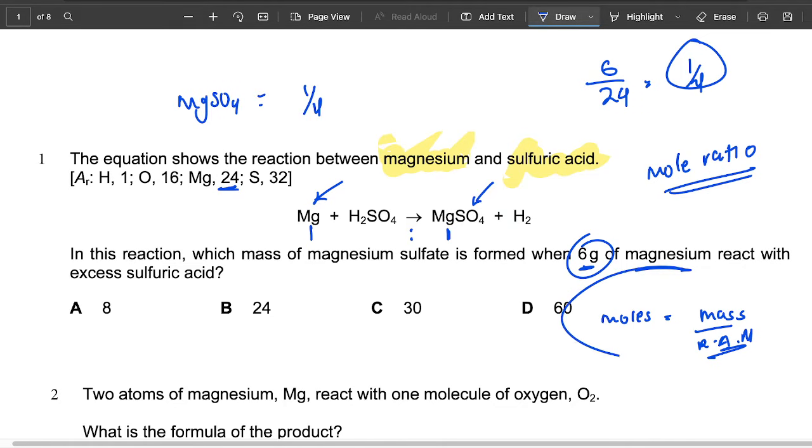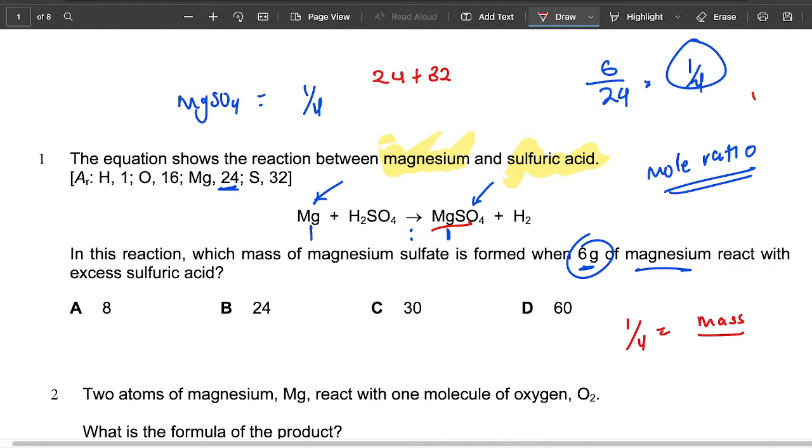Now using this same formula, we'll substitute all the values that we know. We have the moles for magnesium sulfate to be 1 over 4. We need to find out the mass, and the RAM, which we can find. So magnesium sulfate is 24 plus 32 plus 16 times 4.